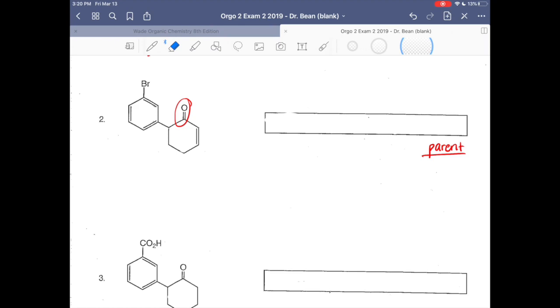It's a part of the ring, so for that reason, we're going to make this the parent chain, and include the ketone. And whenever you make the ketone the parent, and that ketone is a part of a ring, you arbitrarily pick the numbering, and you have to pick the numbering so that the ketone automatically, by default, that carbonyl must be located at your number 1 carbon.